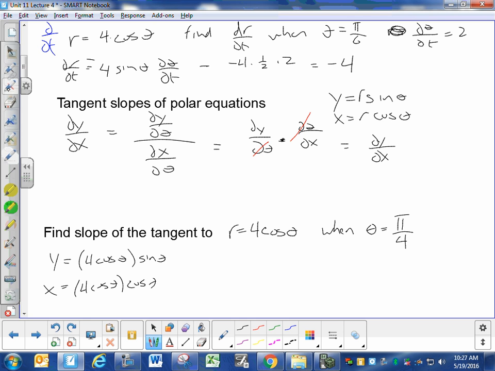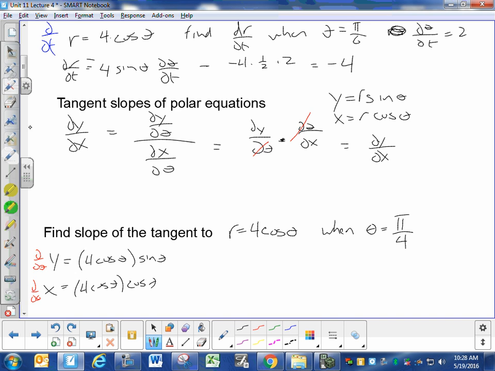Then take the derivative of both of these with respect to theta, divide the two, and you have dy over dx, which will give you a tangent slope, right? Change in y's over changes in x's is slope. Dy over dx is instantaneous change in y over instantaneous change in x, slope of a tangent.